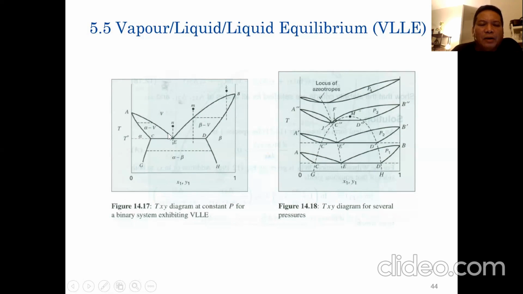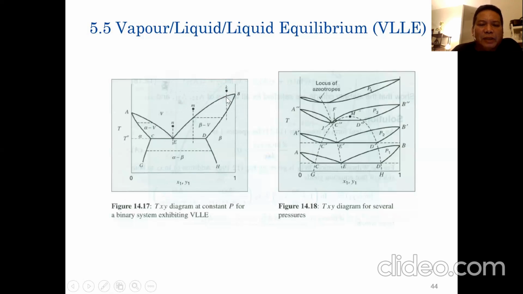So let's say we have a point here which is in vapor form, a rich vapor form, and we reduce the temperature. We will encounter a dew point here, where initially it is a mixture of vapor.